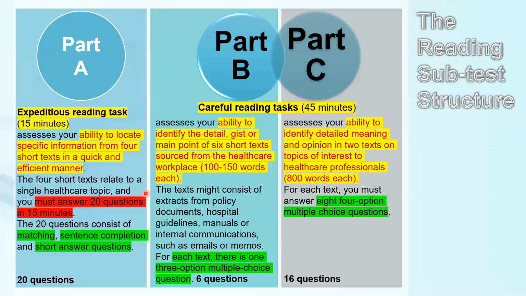The text might consist of extracts from policy documents, hospital guidelines, manuals, or internal communications such as emails or memos. For each text, there is one three-option multiple choice question.